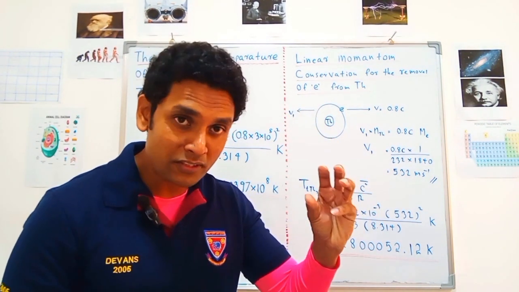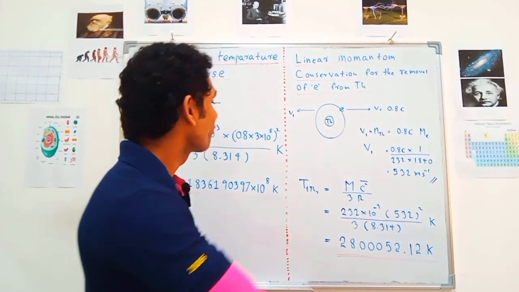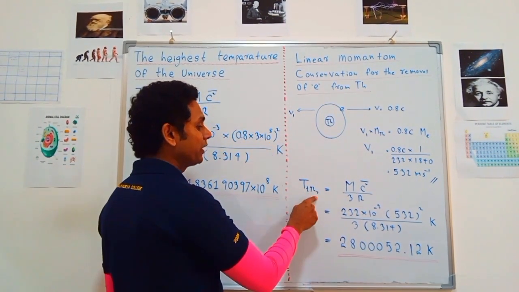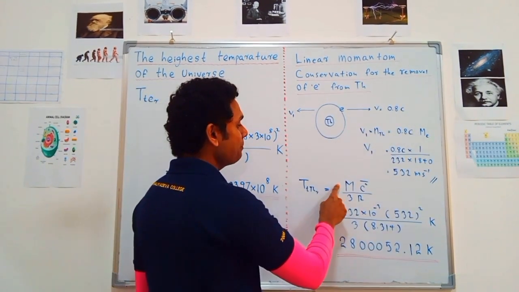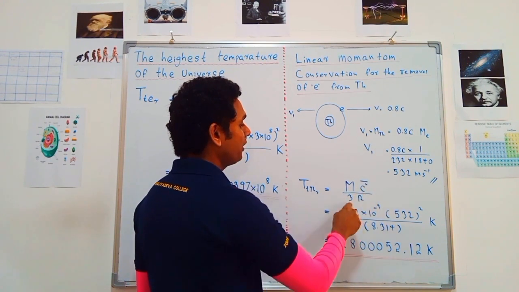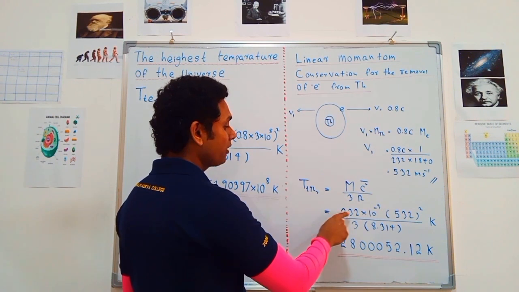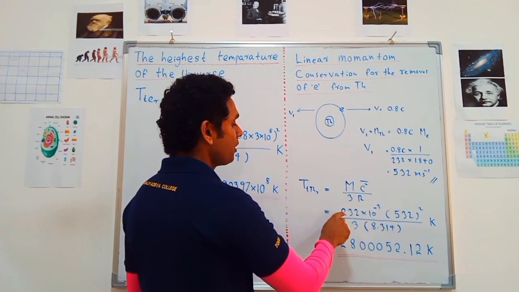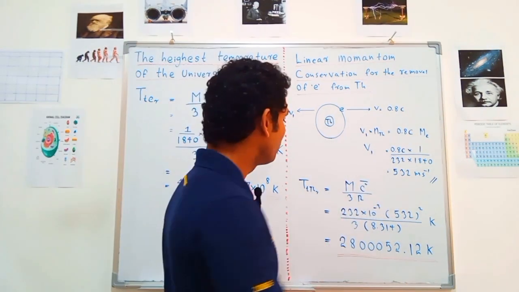Then from that velocity, the thorium atom is vibrating. Let's calculate what the temperature is going to be. T thorium real, the Laplace point of thorium real, is equal to M c bar squared divided by 3R. M is for thorium: 232 multiplied by 10 to the power minus 3 kilograms per mole.